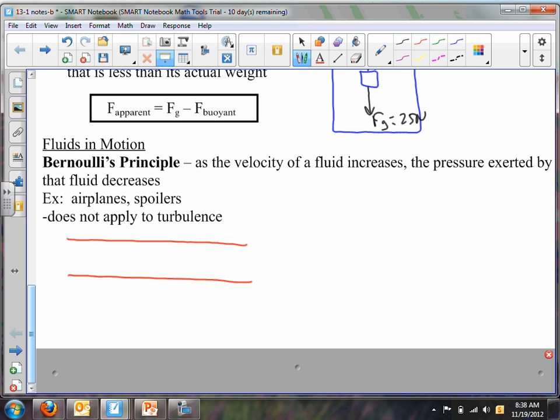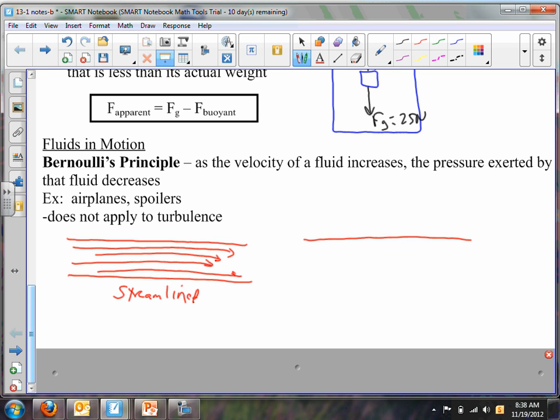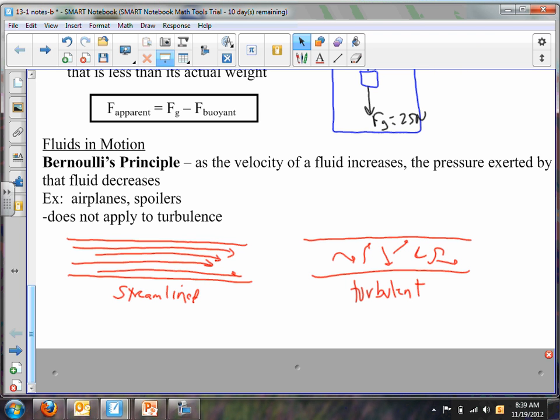If I've got airflow that's going straight through a pipe or through something else, that would be streamlined. If you have airflow that's going this way and this way and this way, that would be turbulent. And again, this principle doesn't apply to turbulence, so we're talking about a nice streamlined flow of air.